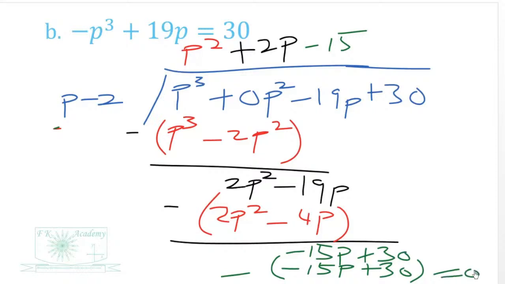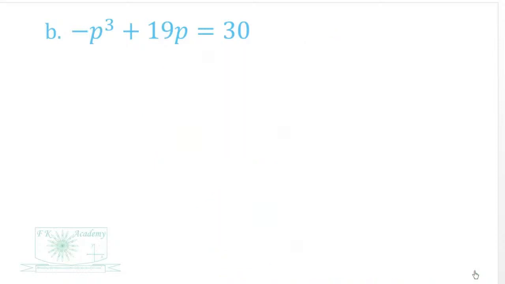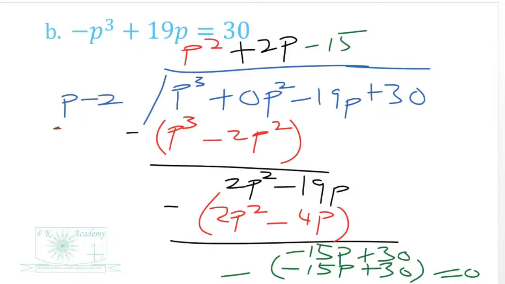So it tells you that the quotient is p squared plus 2p minus 15.